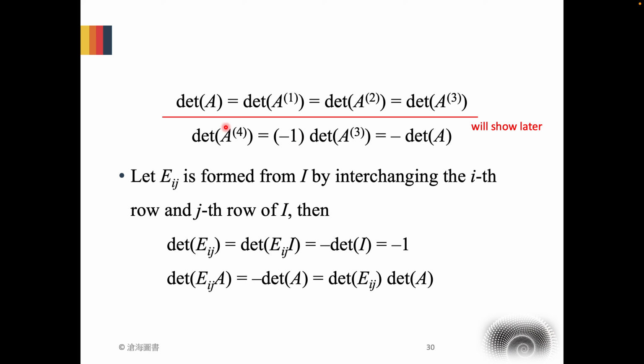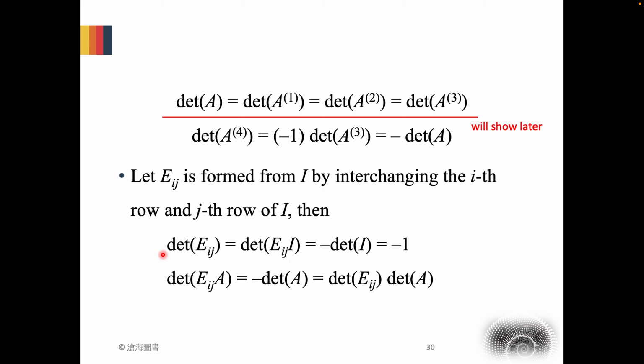So the determinant of A4 is equal to minus the determinant of A3, which is also equal to minus the determinant of A. Based on this calculation, let Eij be formed from I by interchanging the ith row and the jth row, and we can see that if we interchange two rows, that changes the sign of the determinant.